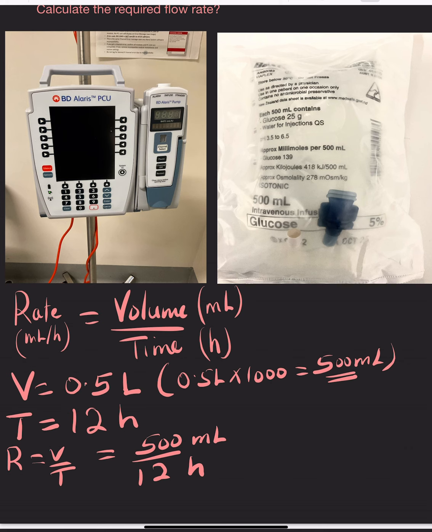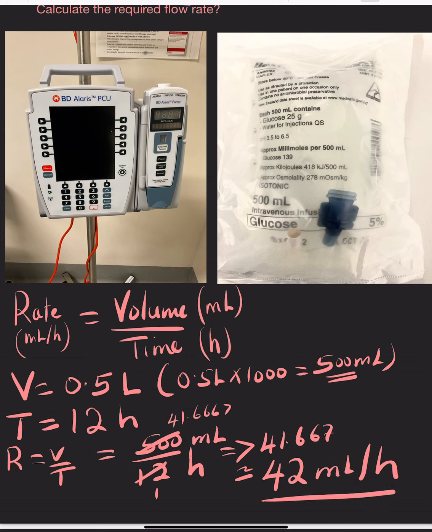And then because you're allowed to use your calculators, if you use your calculator here, 500 divided by 12, you end up with 41.667. So this becomes 41.667, and then you can round this up, which will give you 42 mils per hour. And this becomes your answer over here.